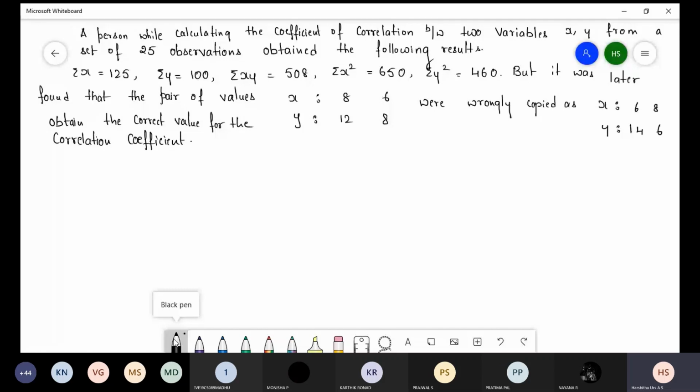Yes, here first we have to write the wrongly copied values. Here I write computation for wrong values.